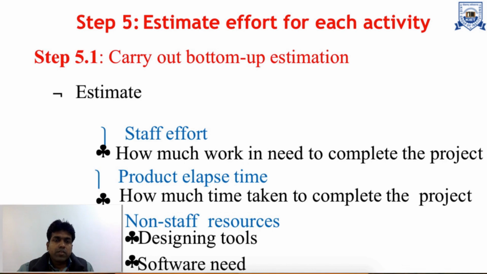If more staff is needed, then we should provide it. Product elapsed time: we'll also have to focus on the time taken to complete the product. Non-labor resources, just like designing tools: if other designing tools as well as software are needed, then we'll have to provide them.